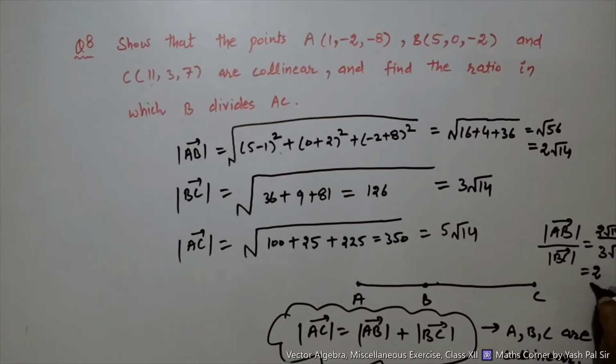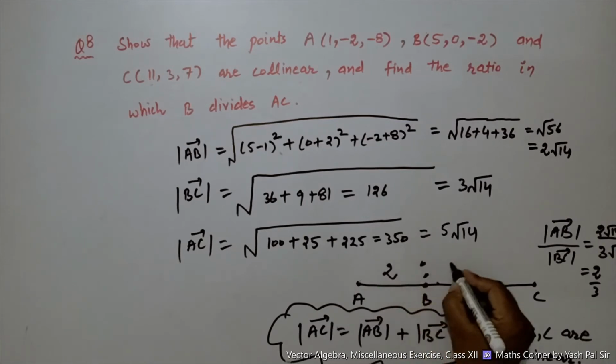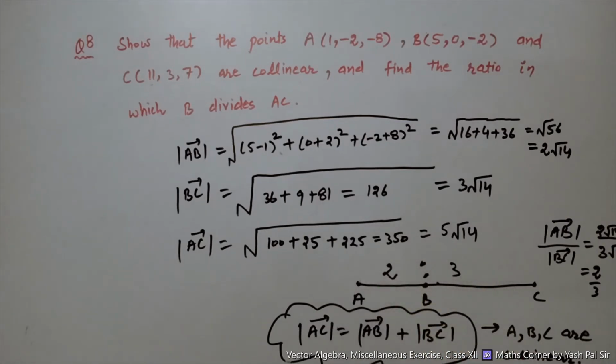Square root 14 cancels, so 2 upon 3, this is the ratio 2:3. So B divides the line segment AC internally in the ratio 2:3.